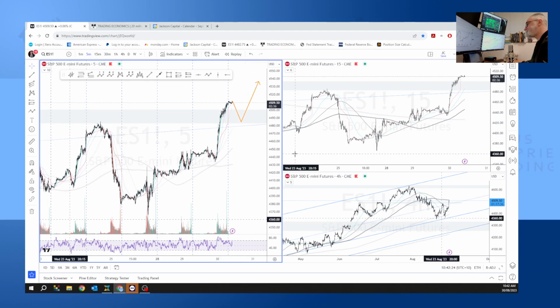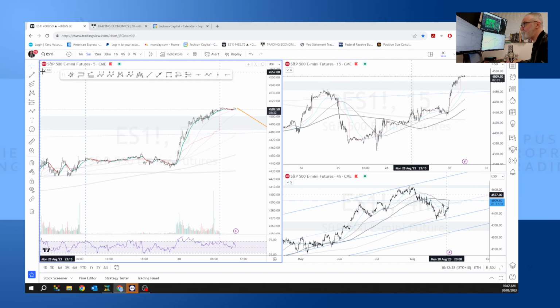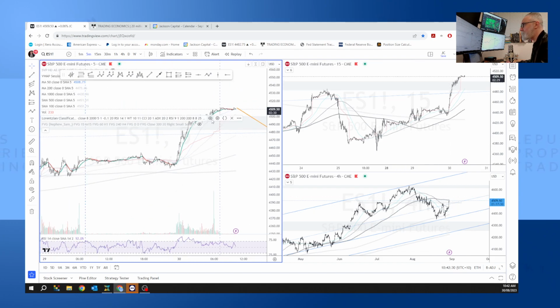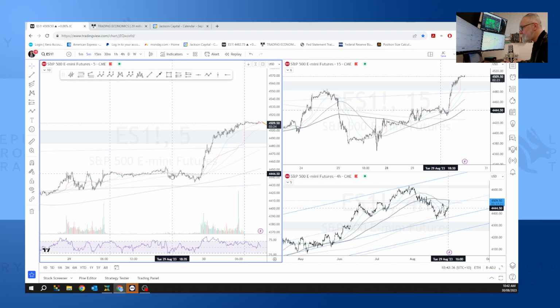Now, this is a 5-minute chart, obviously. Let me just get rid of this MA in here, which I'll talk to you about later at some other time. We started off yesterday, this was the open here, 23. So this took off from the open.